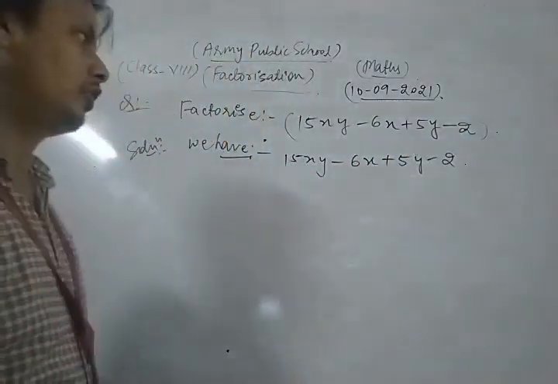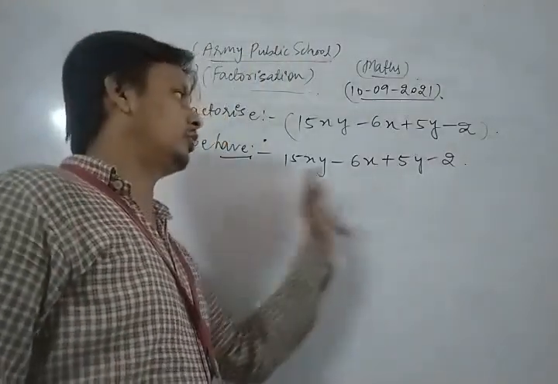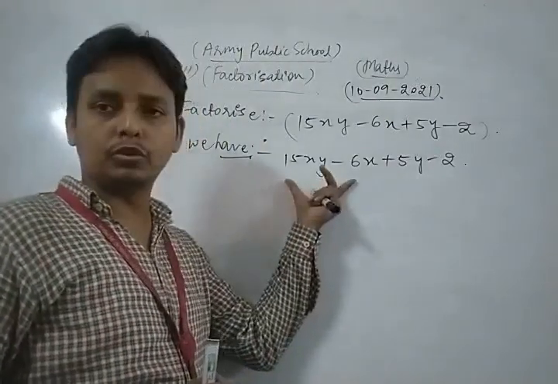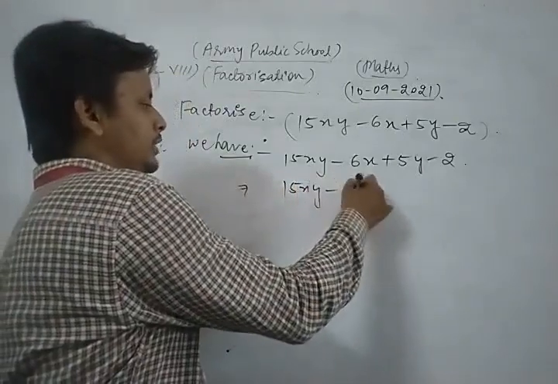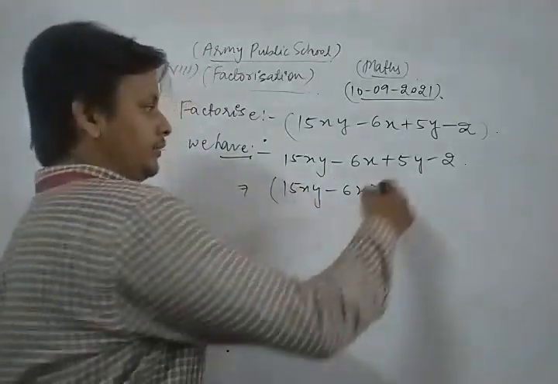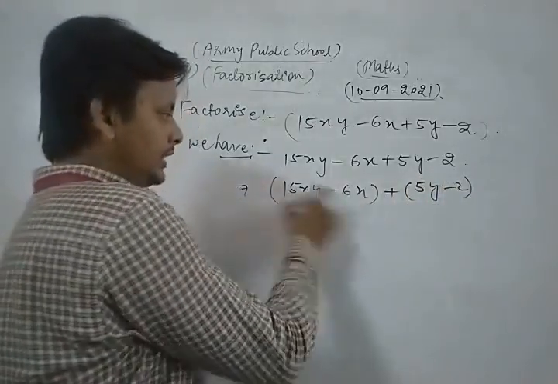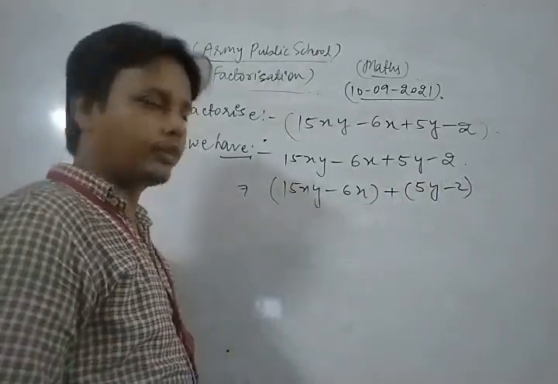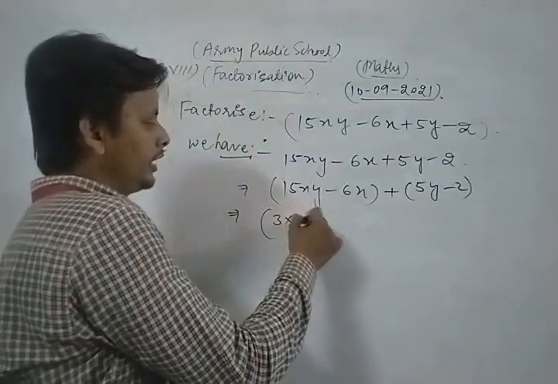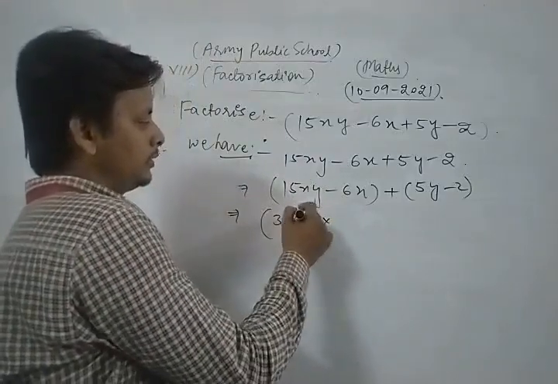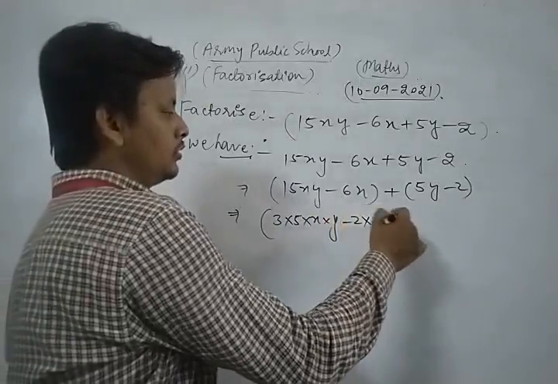First we observe that no value, constant or variable, is common to all the terms, so we form the group. We take 15xy minus 6x together, and we write 5y minus 2 separately. Now we factorize them: we can write 15xy as 3 into 5 into x into y, and 6x as 2 into 3 into x.